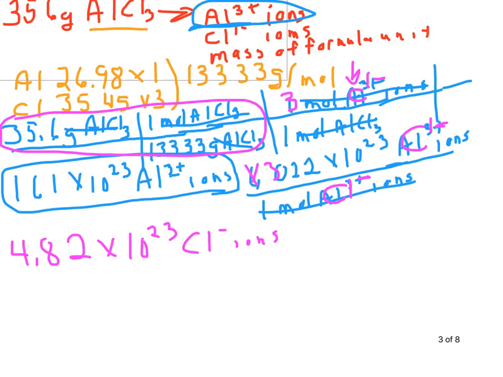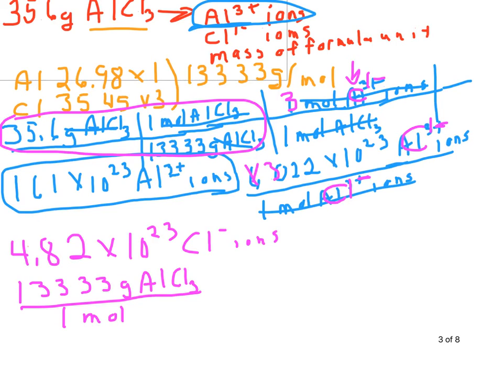And there, to find the mass of 1 formula unit, we take our molar mass. So there's 133.33 grams of aluminum chloride in 1 mole of aluminum chloride.